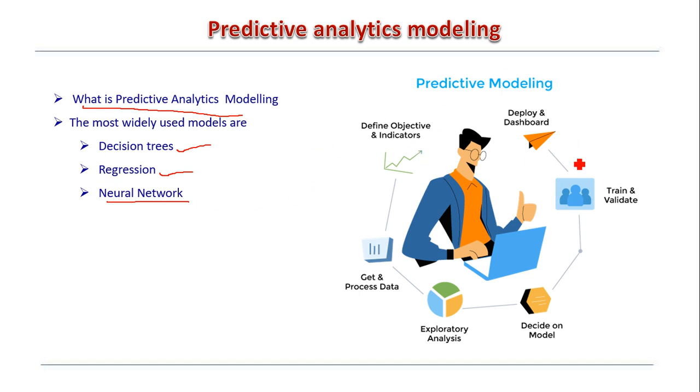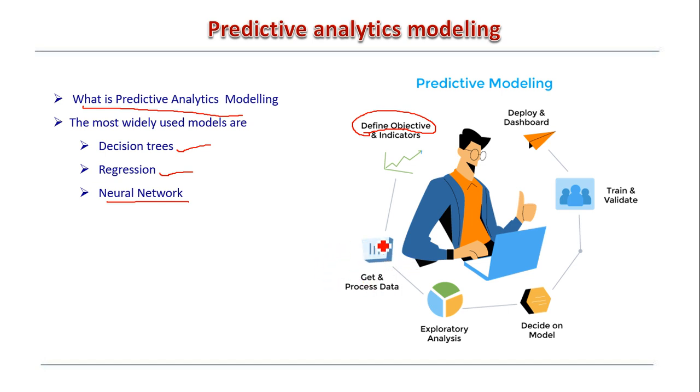In this diagram, for predictive modeling we first define the objective, that is, the objective of our problem. First of all, we have to identify the objective. Then we have to indicate whether it comes under regression or classification. Then we need to collect the data, get the data from the source.